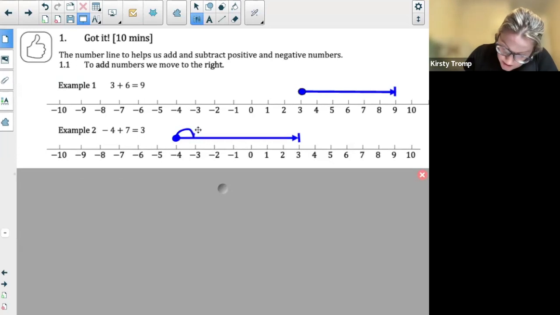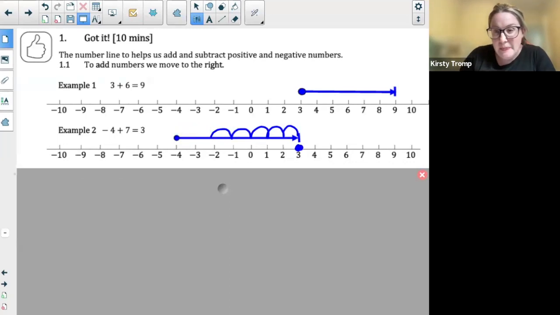So 1, 2, 3, 4, 5, 6, 7, and we see that lands us at 3. Okay, so for some people, that's a little bit tricky, and I get that, okay? Integers can be a little bit tricky sometimes, and so number lines make your life a lot easier.